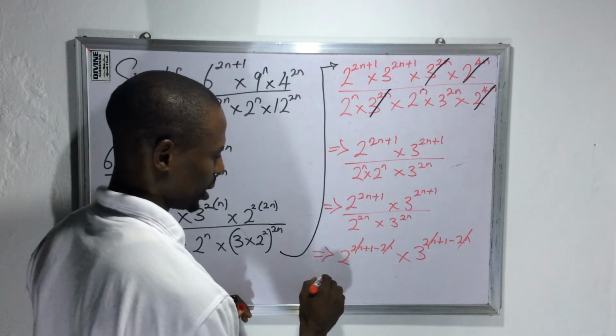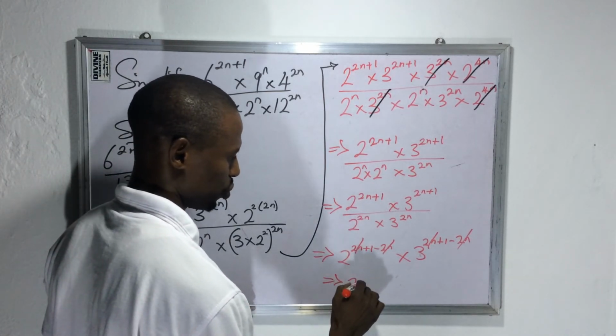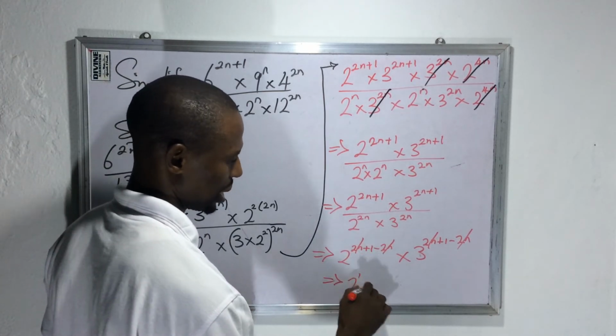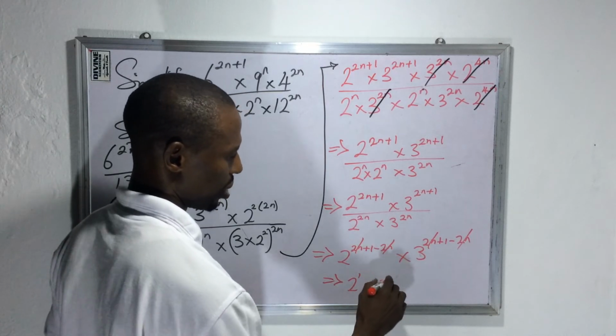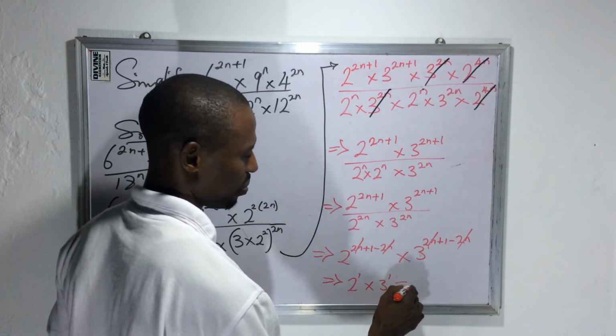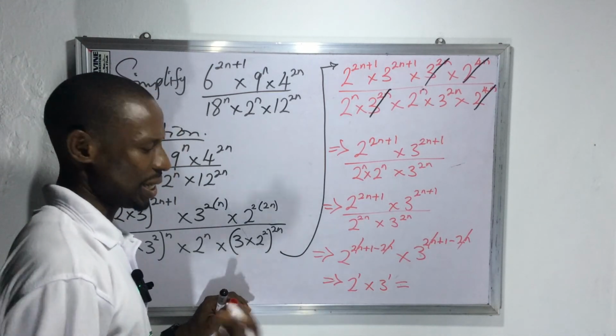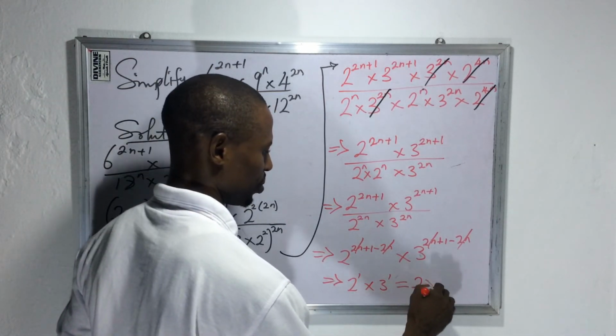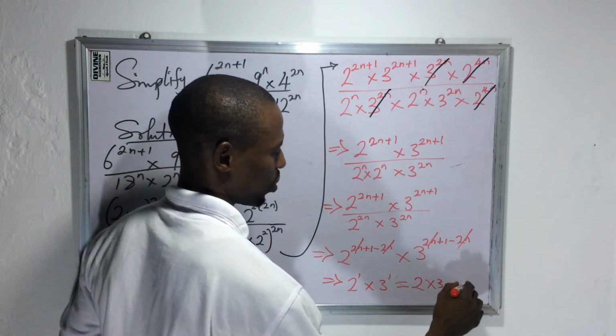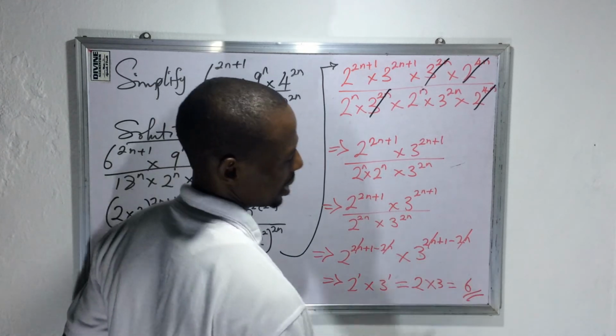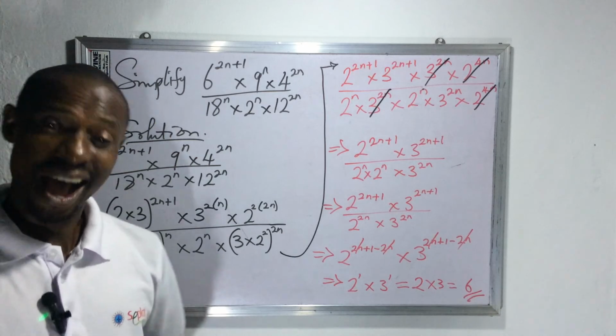So we are left with 2 raised to the power of 1 times 3 to the power of 1. 2 to the power of 1 is 2, 3 to the power of 1 is 3. So we have 2 times 3, which is equal to 6. This is our final answer.